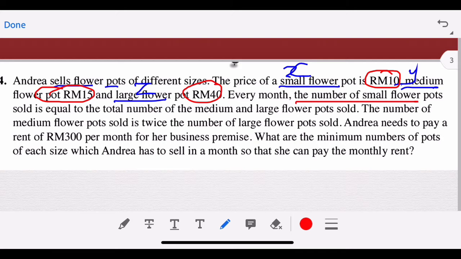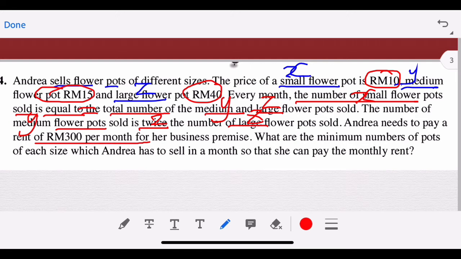Every month, we have read the question and we try to form the equations. The number of small pots, which is X, sold is equal to the number of medium and large flower pots sold. So this is Y and Z, right? The number of medium flower pots sold, Y, is twice the number of large flower pots, Z. Andrea needs to pay a rent of 300 per month for her business.